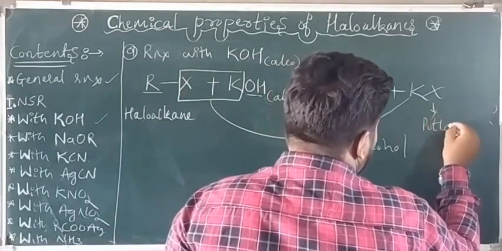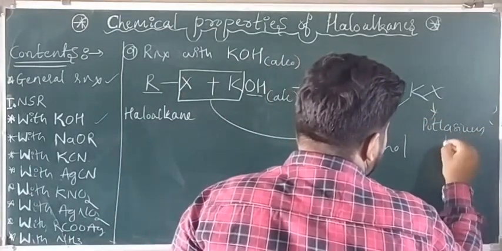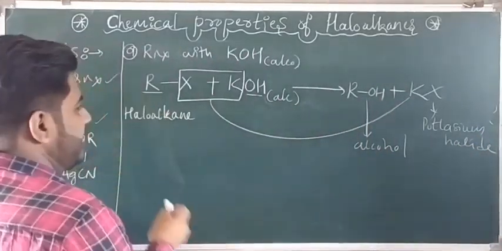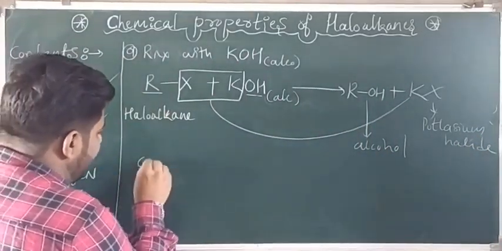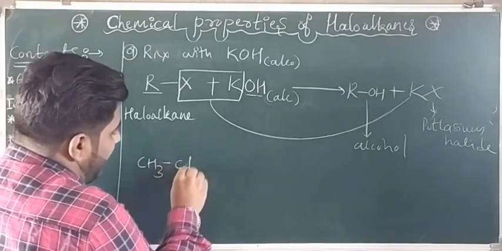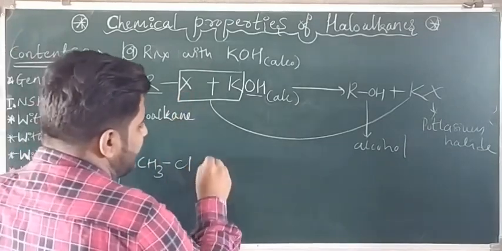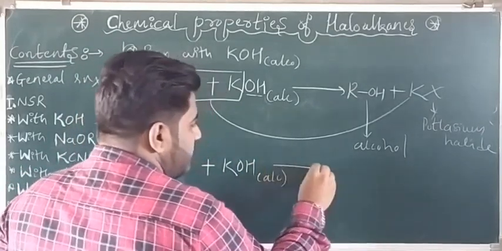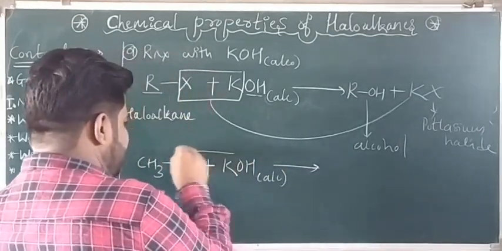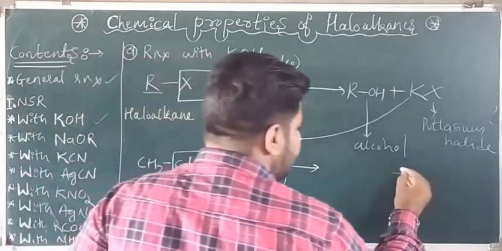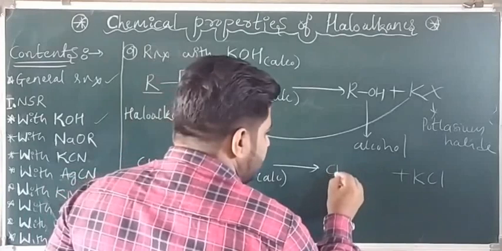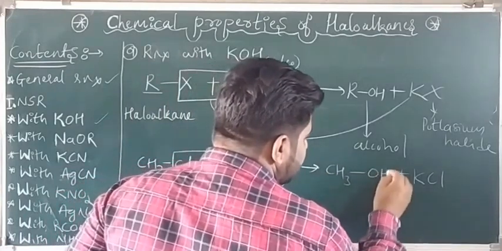Okay, potassium halide. So let us take an example. If you take R in place of methyl, ethyl, whatever group, I will take methyl chloride. In place of X, I have taken Cl, and add alcoholic KOH. KCl is eliminated. So it remains with CH3 and OH bonded.